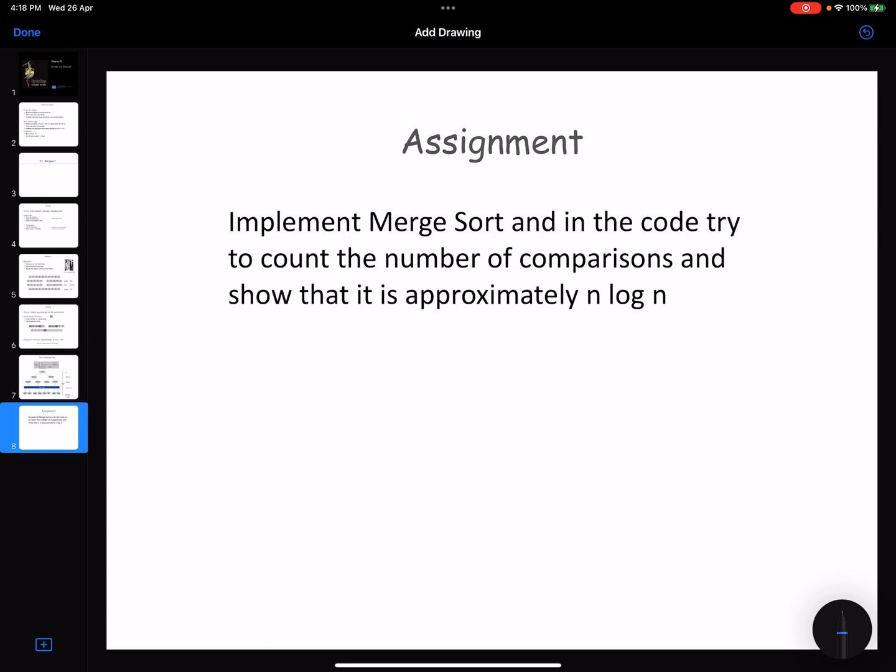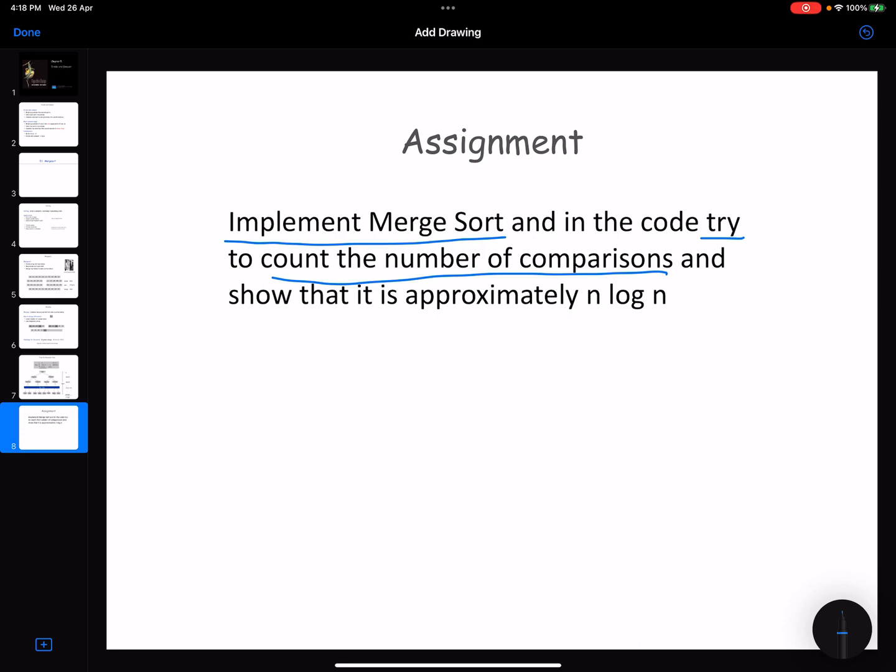So as an assignment for this exercise, we need to implement merge sort. So try to search for one code. I'm fine if you look for code on the internet to see how to implement merge sort, but you need to modify this code to count the number of comparisons. So every time you find a comparison, try to count it.